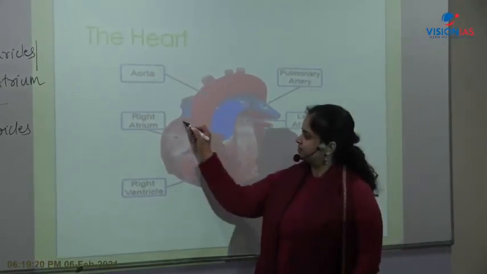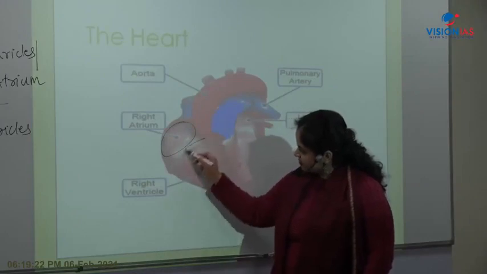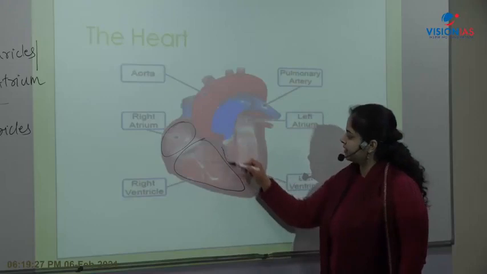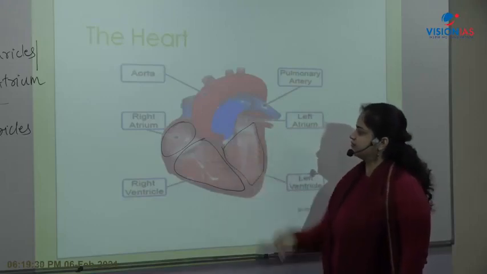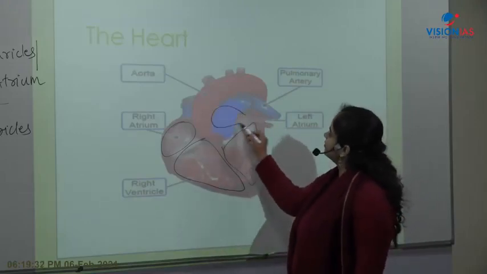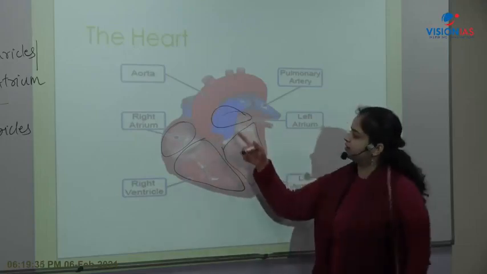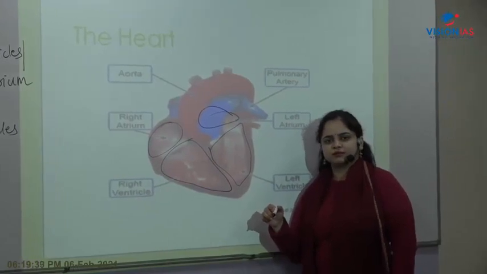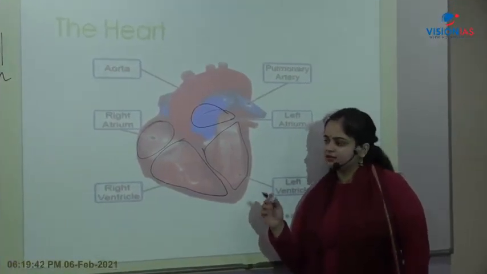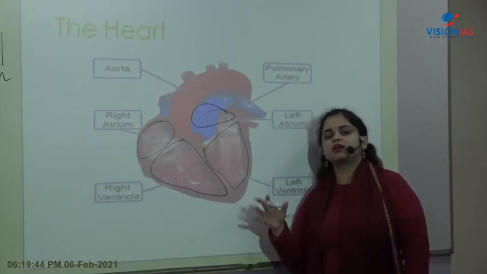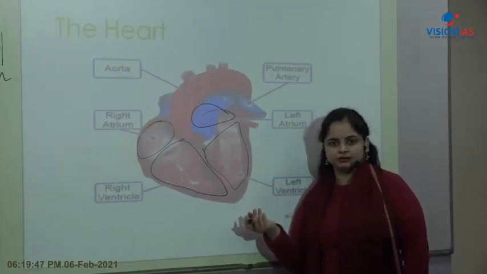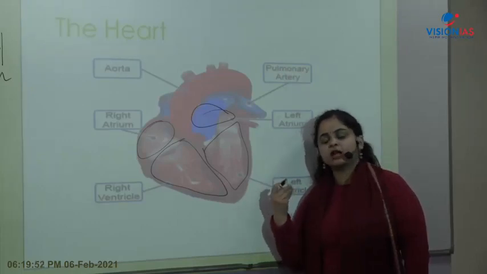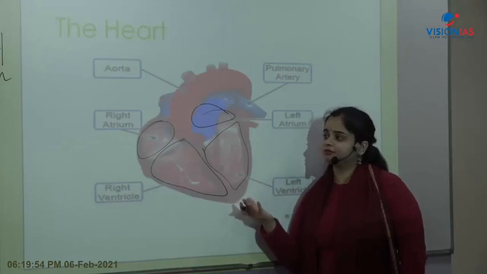So this is the right atrium, below this the longer chamber, the right ventricle, and this is the left ventricle, and here we have the left auricle, but it is not visible because of the blood vessels which are there. 4 chambers, 4 compartments of the heart. The heart is basically a muscle and it is going to contract and expand to allow movement of blood to take place.